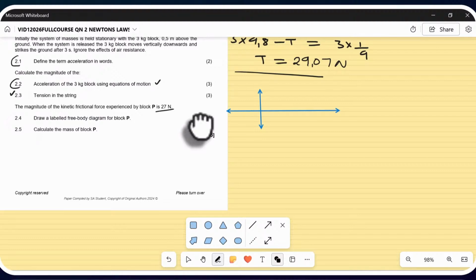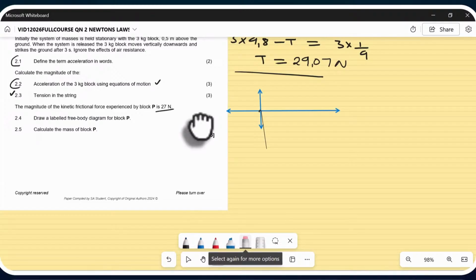So if I use F net equals MA, I think I'll be sorted. F net equals MA.